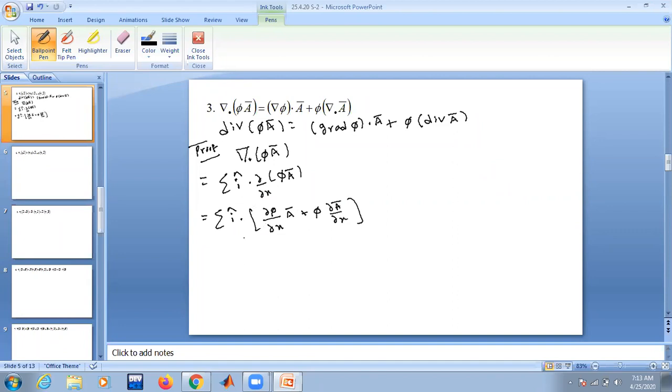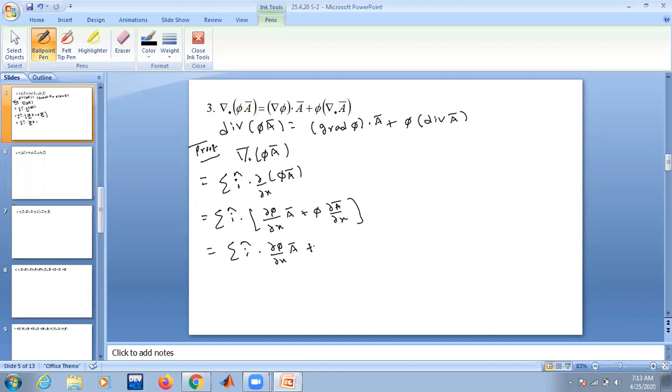Is it okay? Again, dot product is distributed over addition. So I can write it as summation i dot dou phi by dou x into A bar, and I am taking this summation to each term, plus summation i dot phi into dou A bar by dou x. I applied the distributive law, or if you want, I will write one more step. First, let me apply the distribution, then apply the summation to each term.